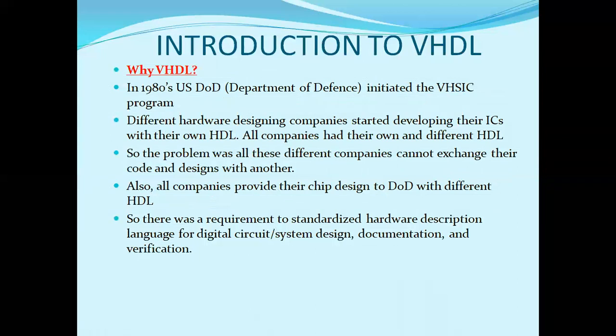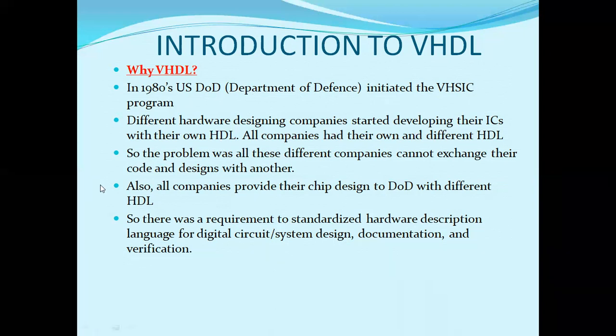And why did VHDL come into existence? In the 1980s, the US based Department of Defense initiated the VHSIC program. Because of this program, different hardware designing companies started developing their ICs with their own HDLs. That means each and every company had its own different HDL.